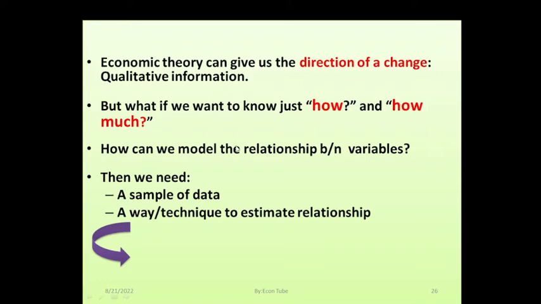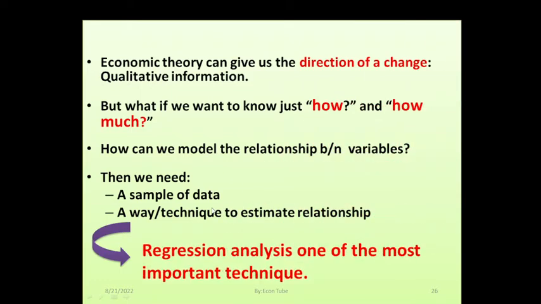How can we model the relationship between variables? To do that, we need a sample of data and a technique to estimate the relationship, which is used by regression analysis. So regression means nothing but estimation of an econometric model.